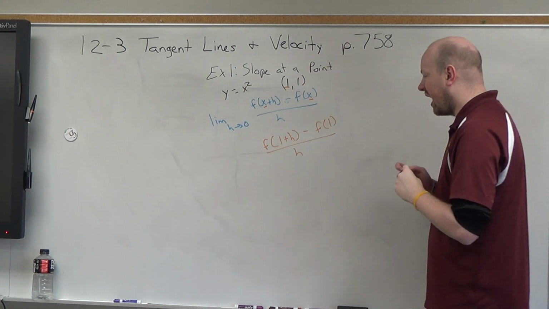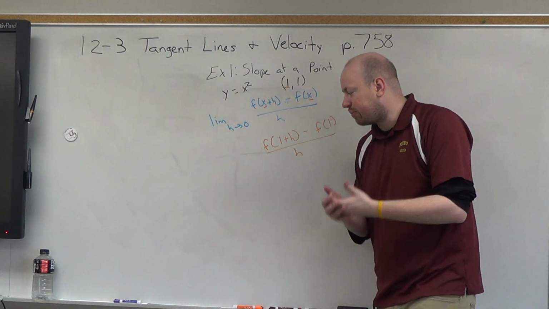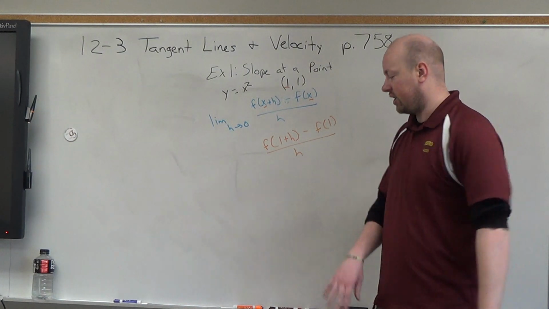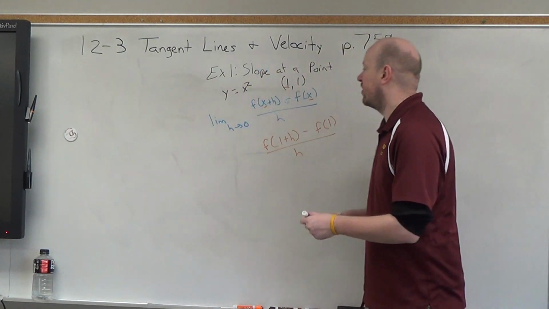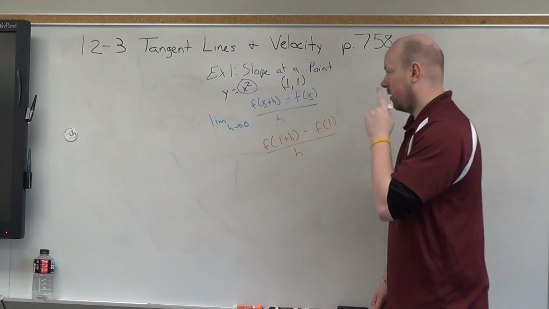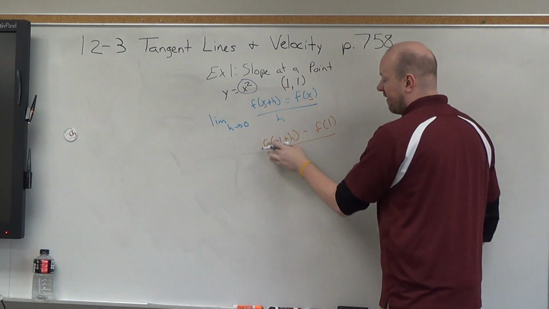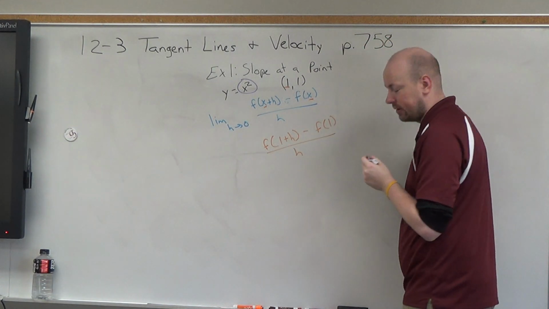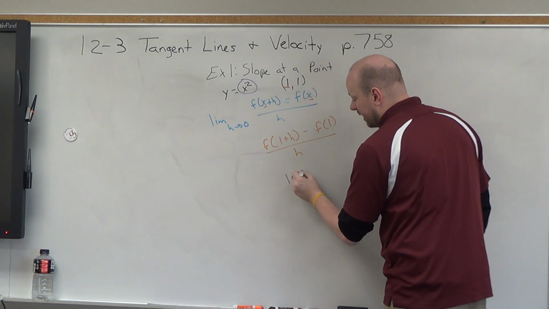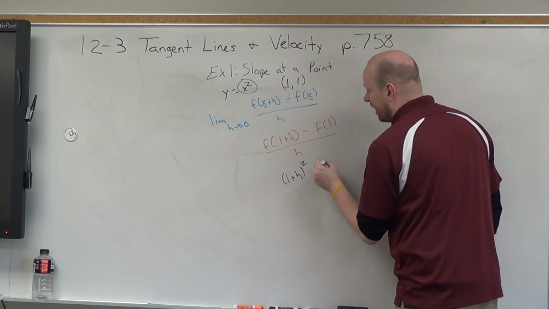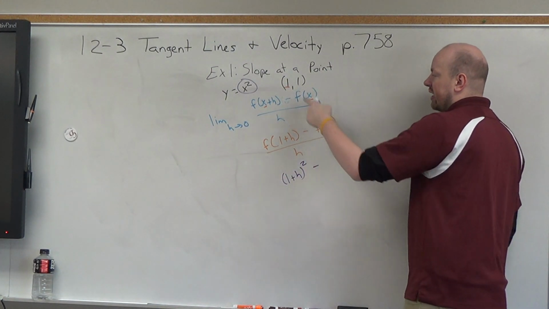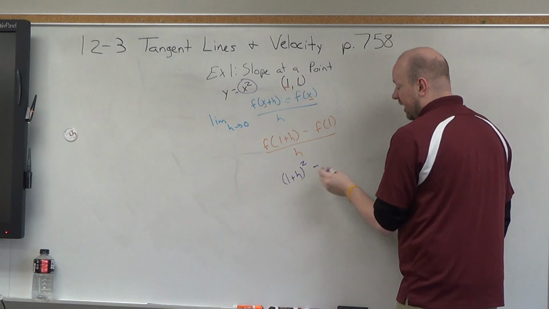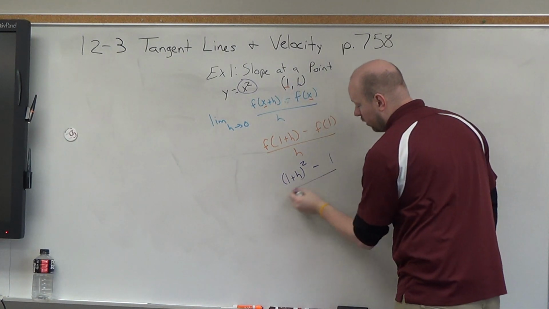Now again, remember, all f of something means I just plug that into my equation. My equation is x squared. So instead of having f, I can just square this part. So I get 1 plus h squared minus, well, I already know what 1 squared is because it's my f of x, but minus 1 all over h.